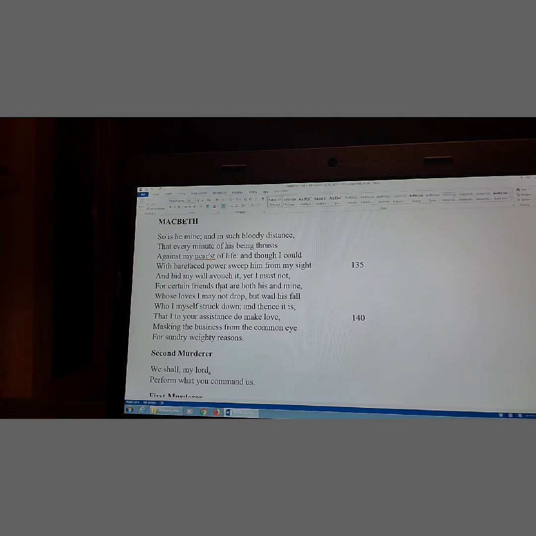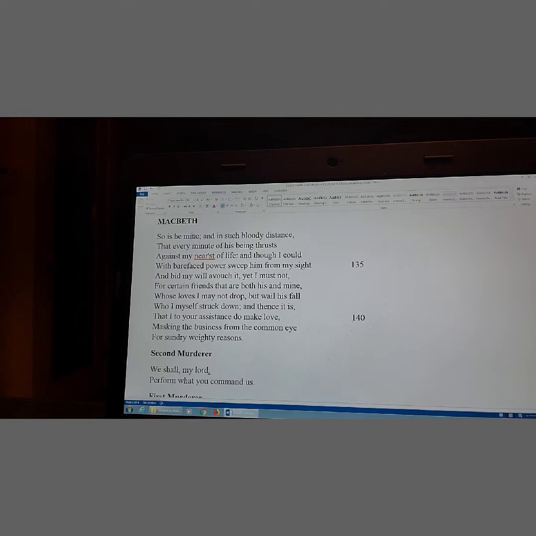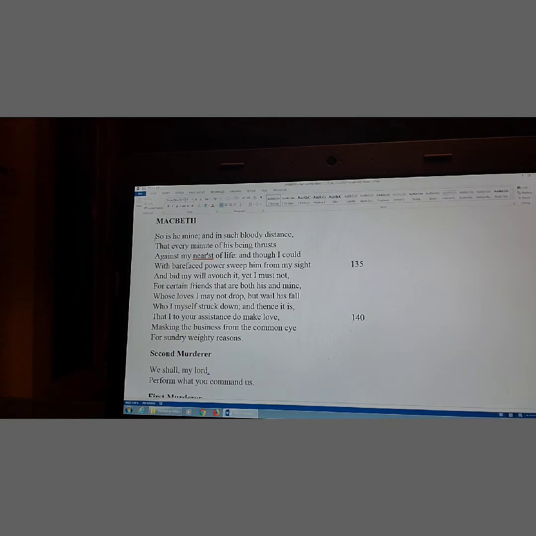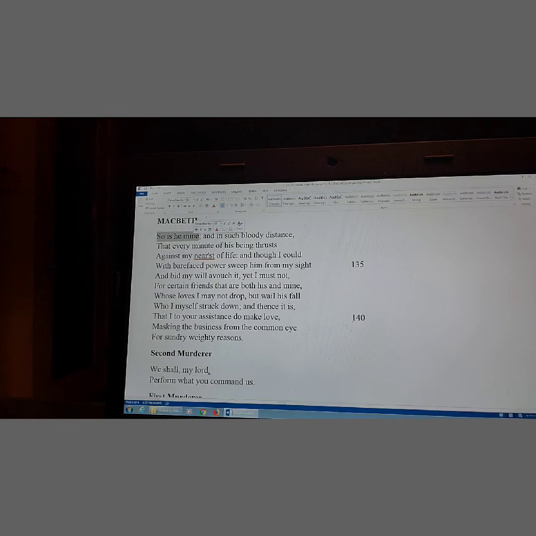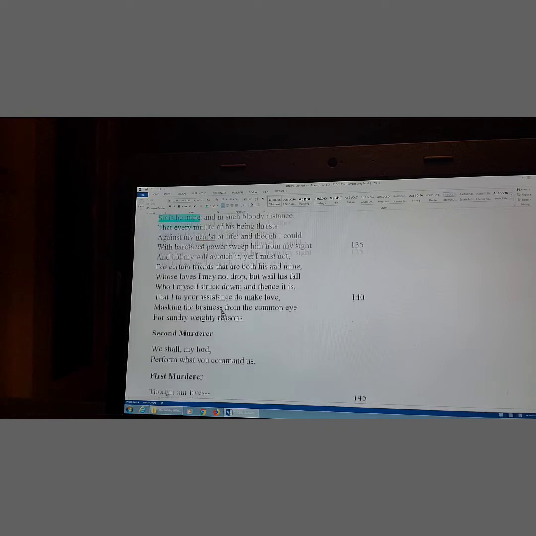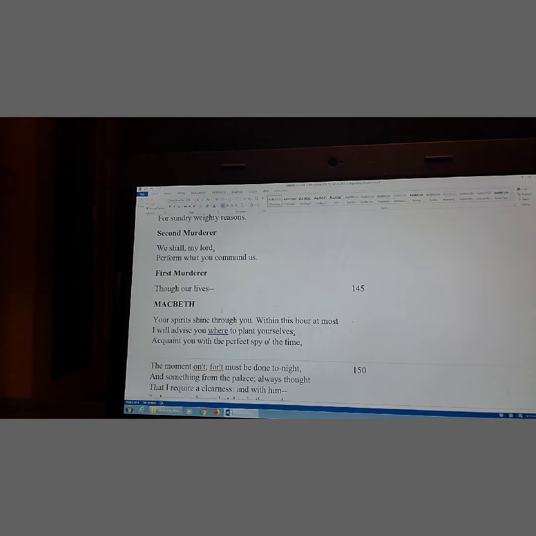That's the only reason why he's turning towards them, because they have this common enemy, this common foe. So he says, we shall, my lord, perform what you command us, right?